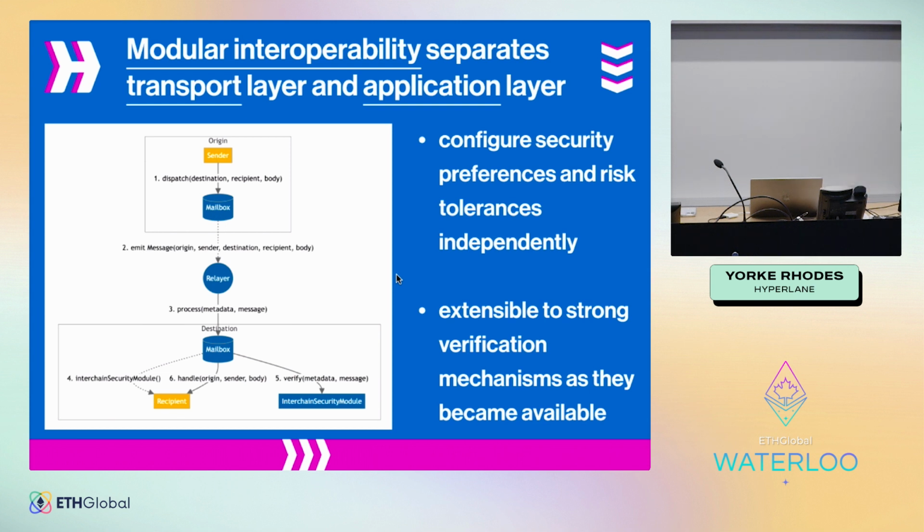If you're just transferring $10 across two chains, you might not care so much about the guarantees in your application, and you might not want to pass those costs on to your user. But if it's a $1 million transfer, or some sort of governance action, then you might want to really ramp up the verification requirements.